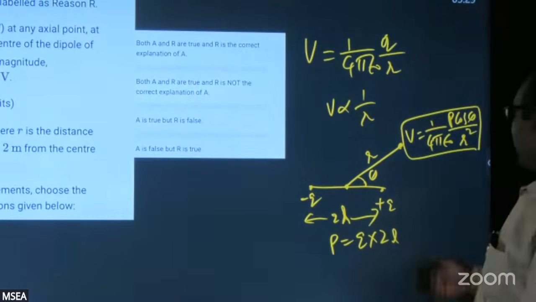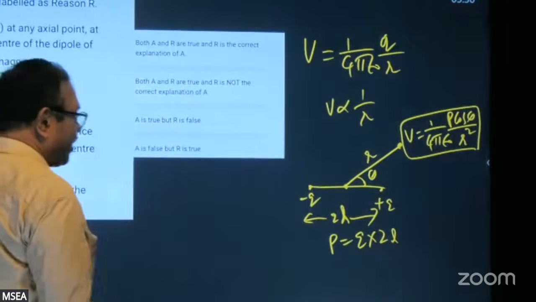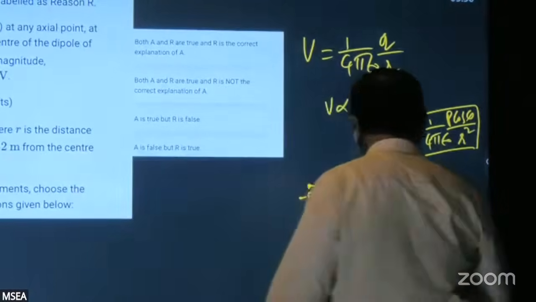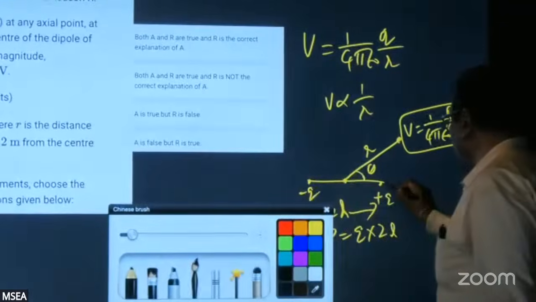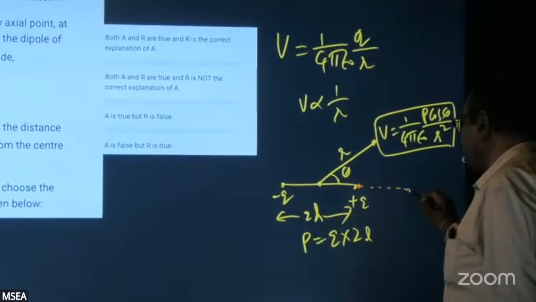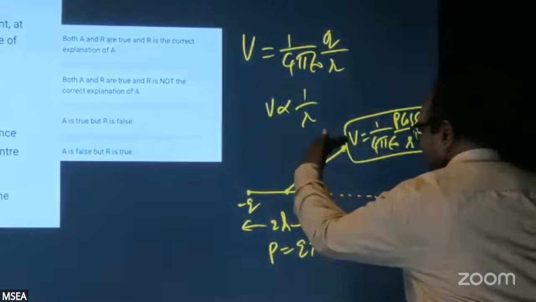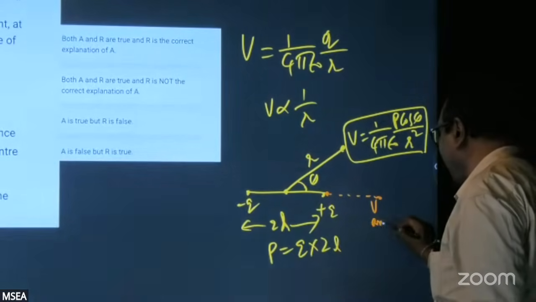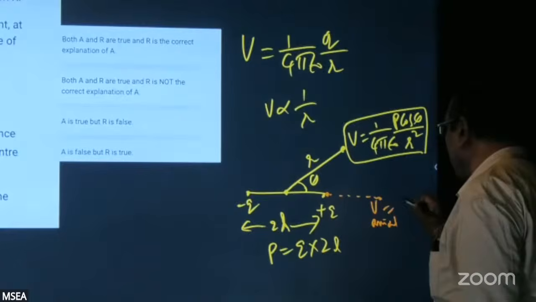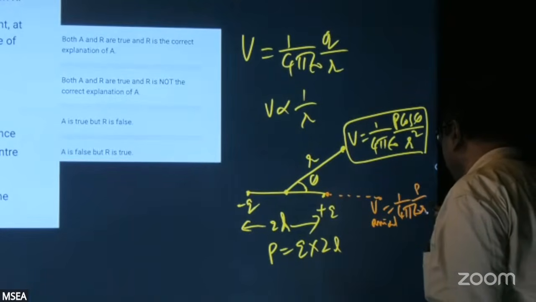So this is the electric potential. One thing you have to remember: what is the electric potential on the axial line? On the axial line theta is 0, so the electric potential should be equal to 1 by 4 pi epsilon naught P by R square.